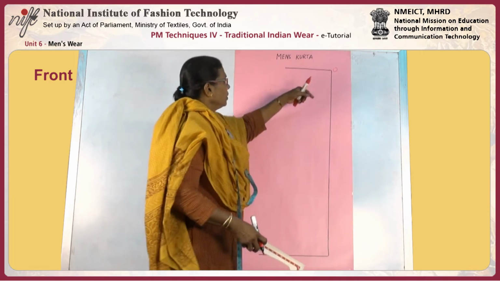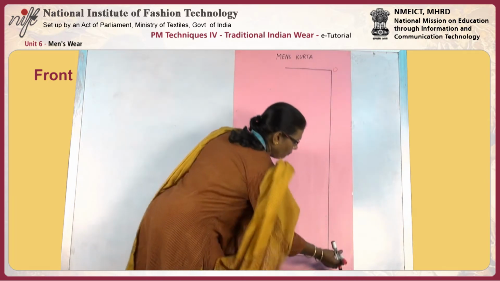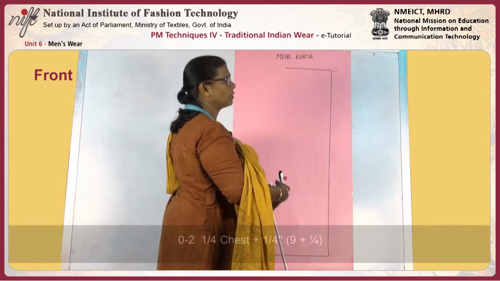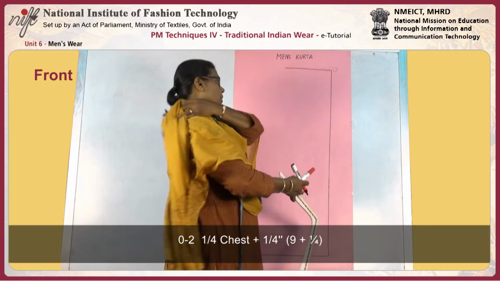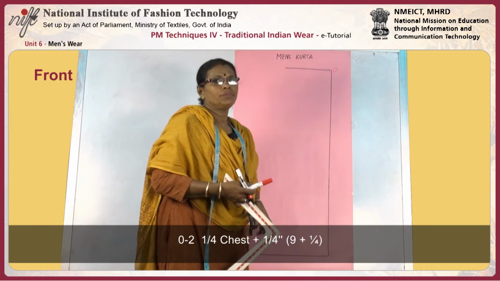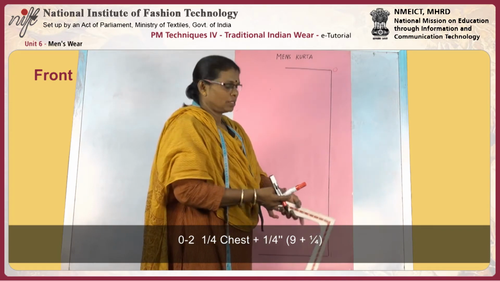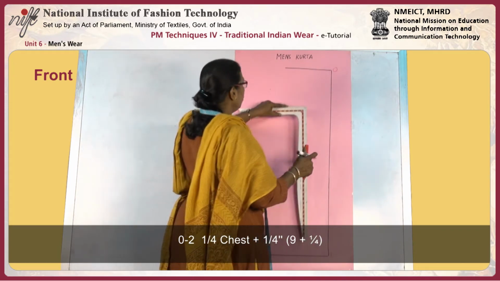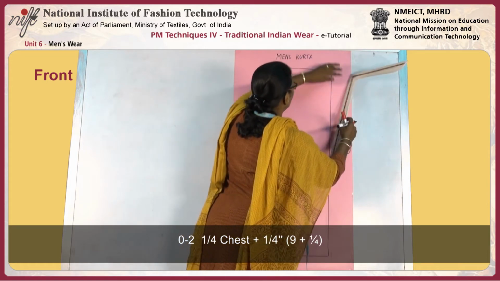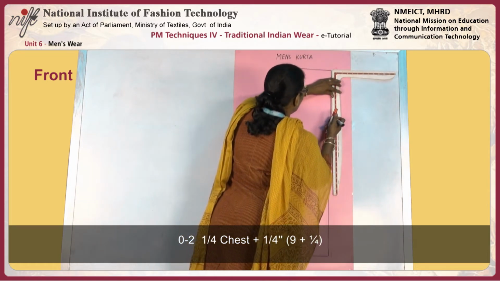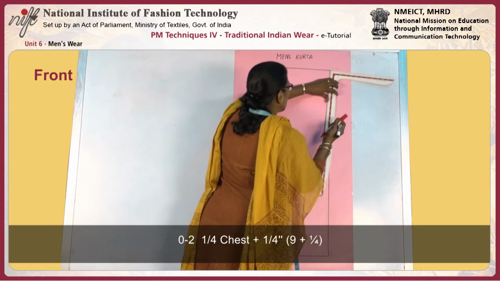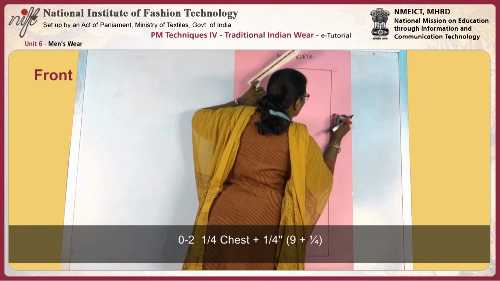Now mark 1, and 0 to 2 is equal to chest by 4 plus quarter inch. So 9 plus quarter, 9 and a quarter should be marked. This is 2.